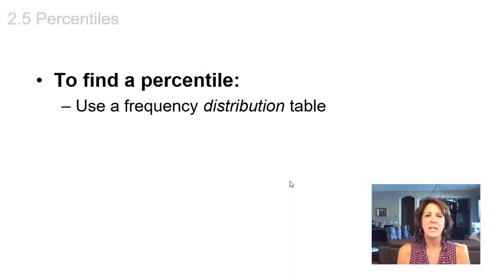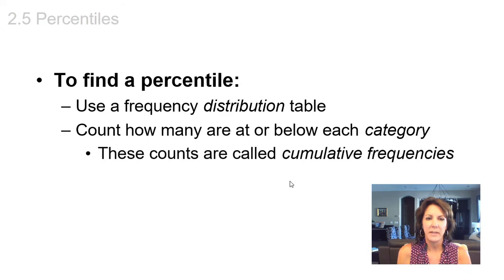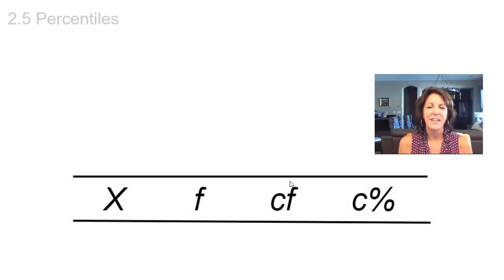So to find a percentile, you have to use a frequency distribution table. And on that table, you're going to count how many are at or below each category. And these counts are called cumulative frequencies. And this is what the top of the table will look like. We'll have our scores first, and then the frequency of those scores.